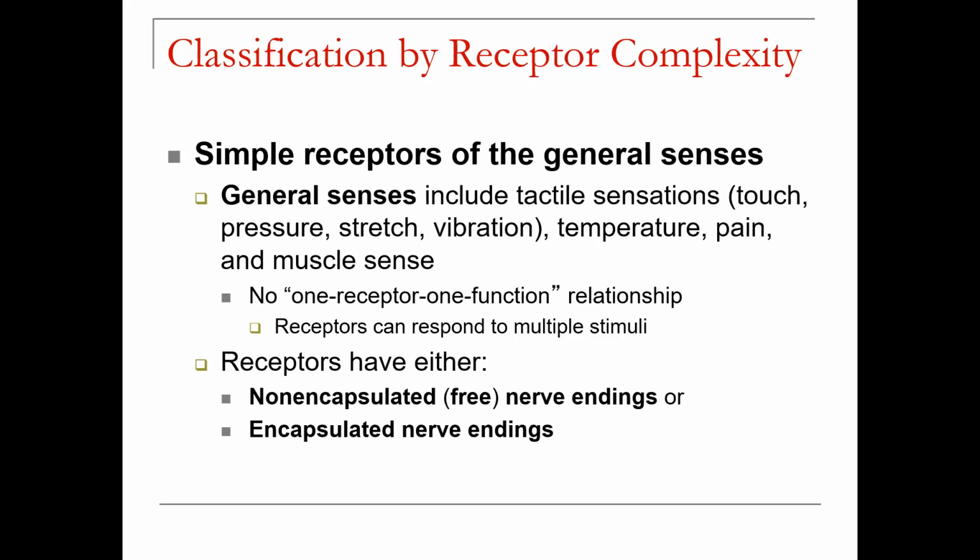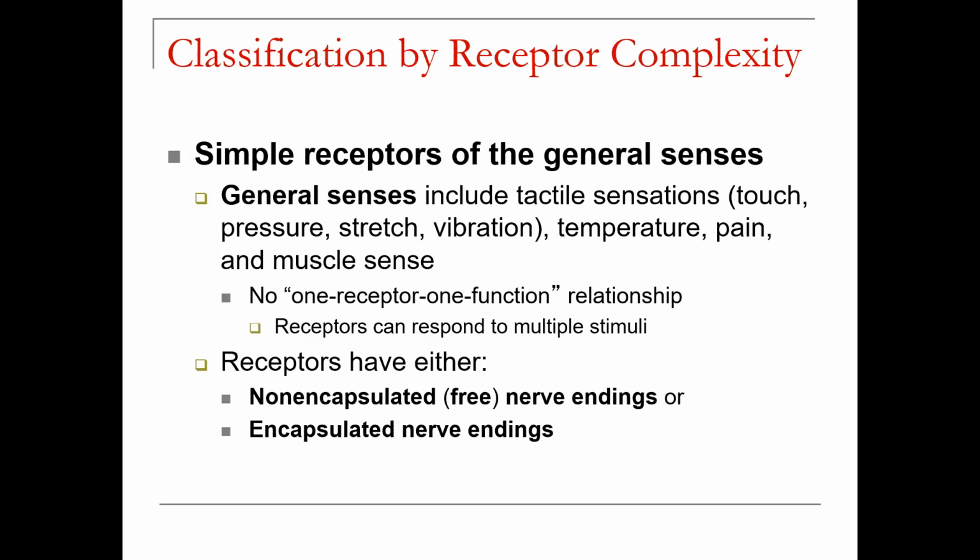Now, our simple receptors deal with the general senses. The simple receptors are tactile, touch, pressure, stretch, and vibration, temperature, pain, and our muscle sense, our proprioceptors. Where are we anyway?